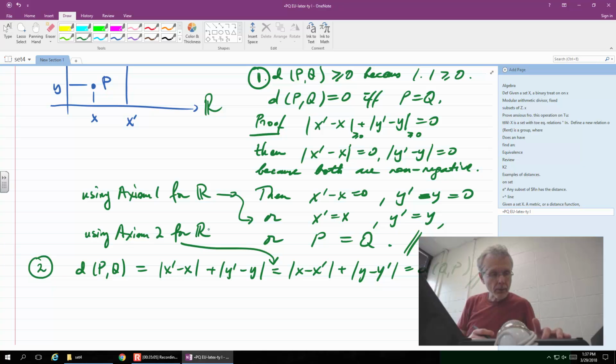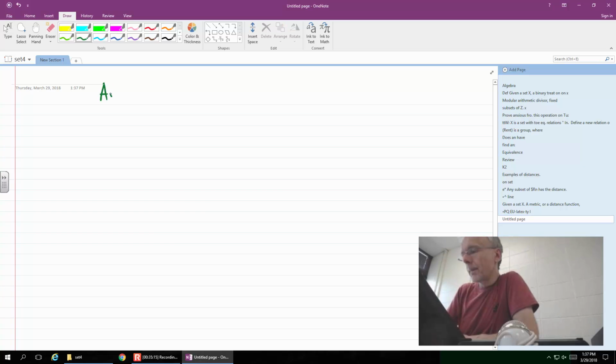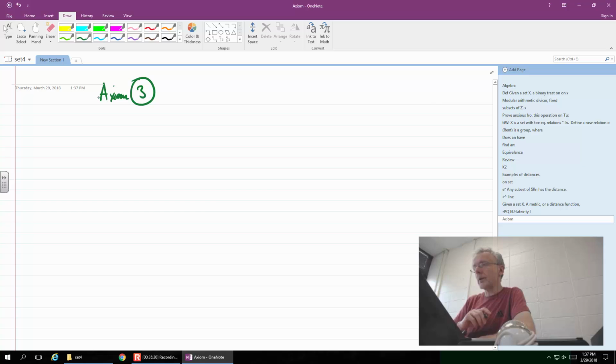Okay, so let's do axiom 3. So once again we're back to this problem of having several points, three points. That certainly expands how much we have to deal with.